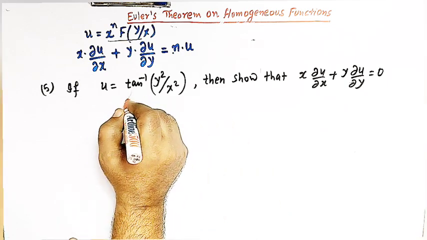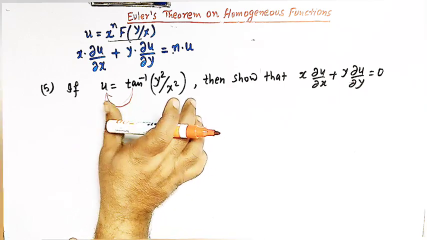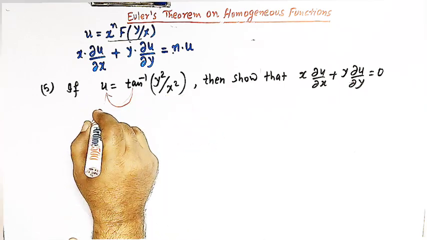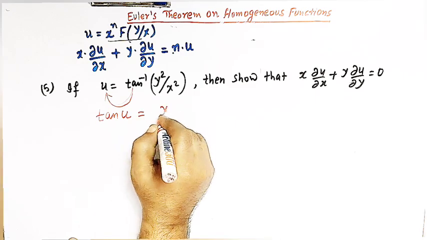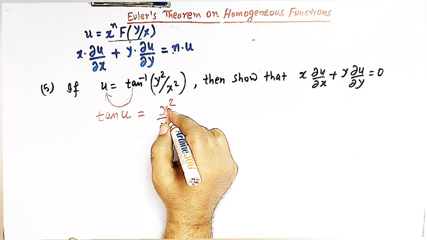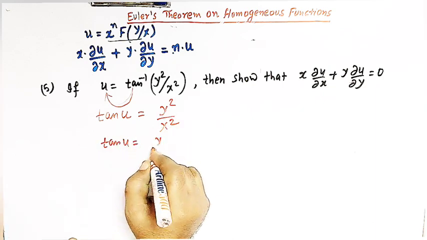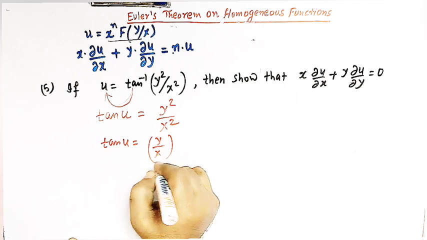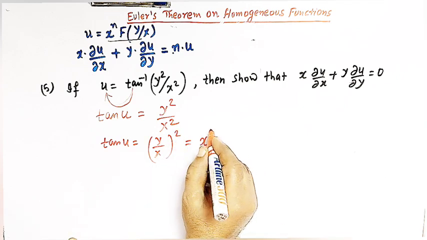We can take tan inverse to the left hand side, so we can now write this expression as tan of u is equal to y square over x square, right. And we can further write tan u is equal to y over x square, and which can further be written as x raised to 0.